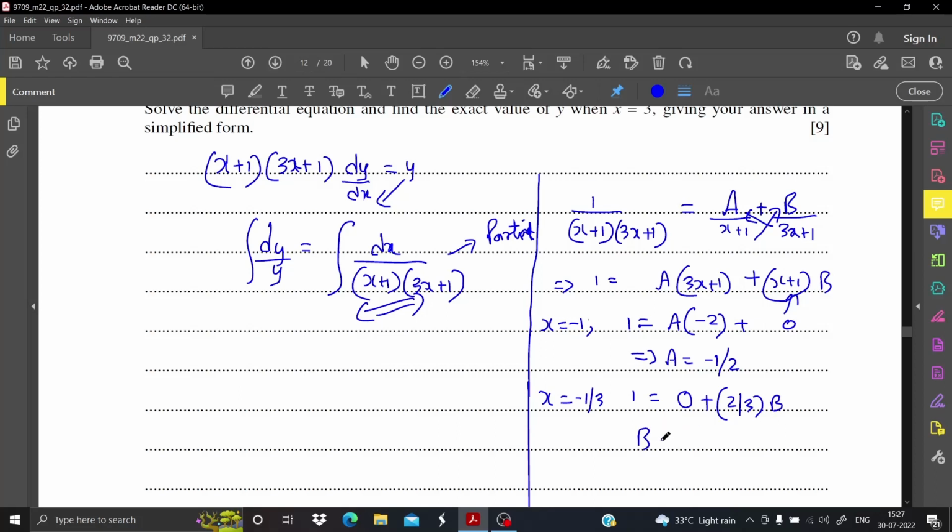So b will be equal to 3 by 2. That's it. So integral of dy by y equal to integral of a is minus half by x plus 1 plus b is 3 by 2 by 3x plus 1.